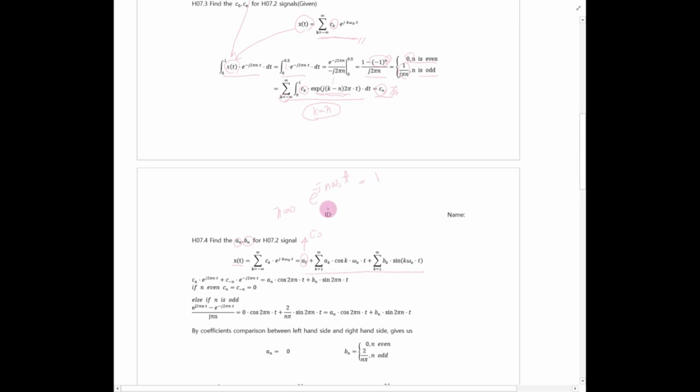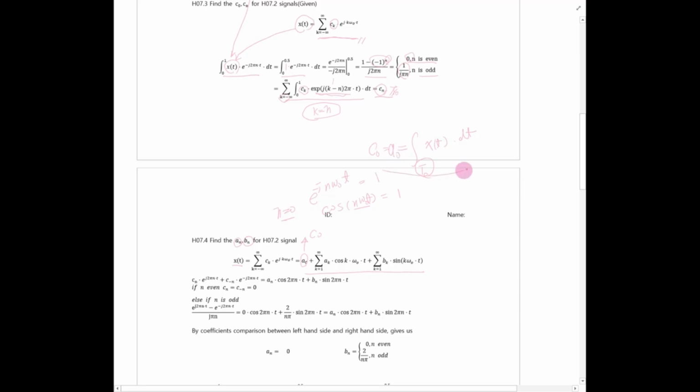Similarly, cosine n omega 0 t, if n is 0, is also 1. So that gives us the average of the signal. So taking integration over one period, this gives C0, the same as A0.